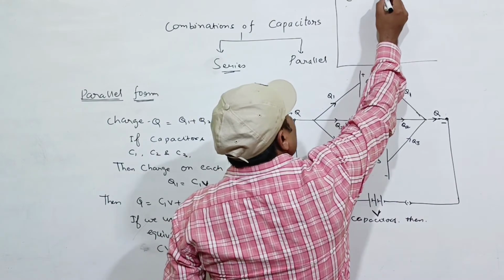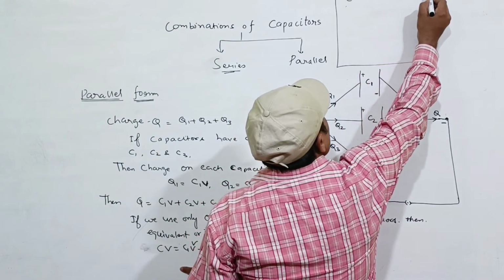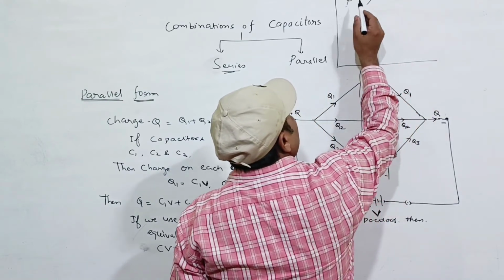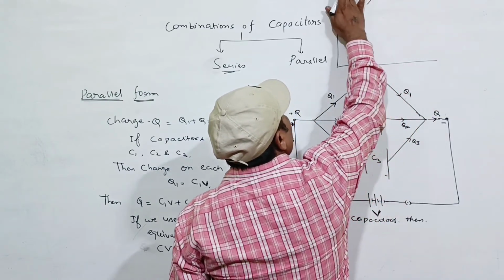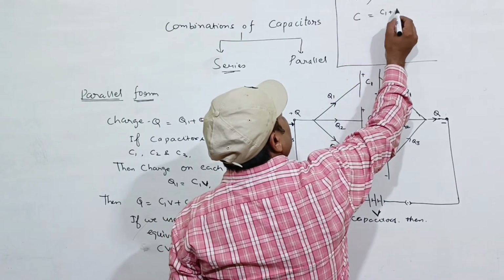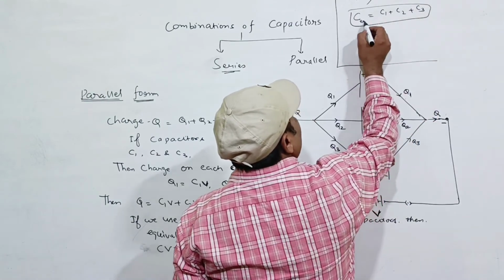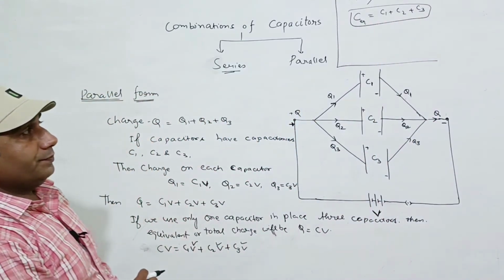So CV is equal to V times C1 plus C2 plus C3. V cancels by V. Now we get equivalent capacitance C is equal to C1 plus C2 plus C3. This is the equivalent capacitance in parallel form.